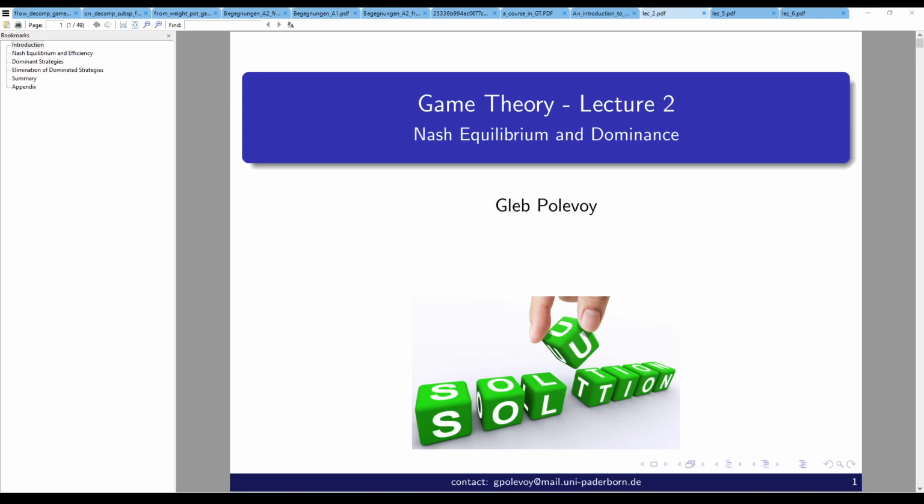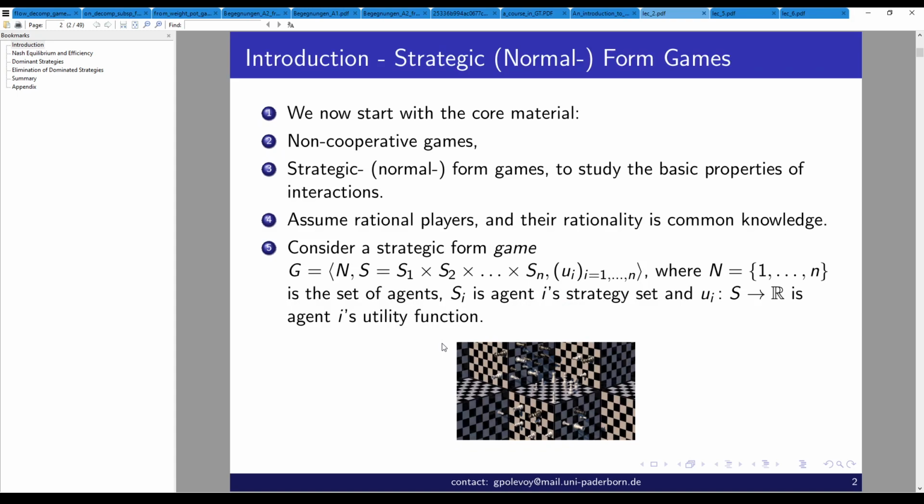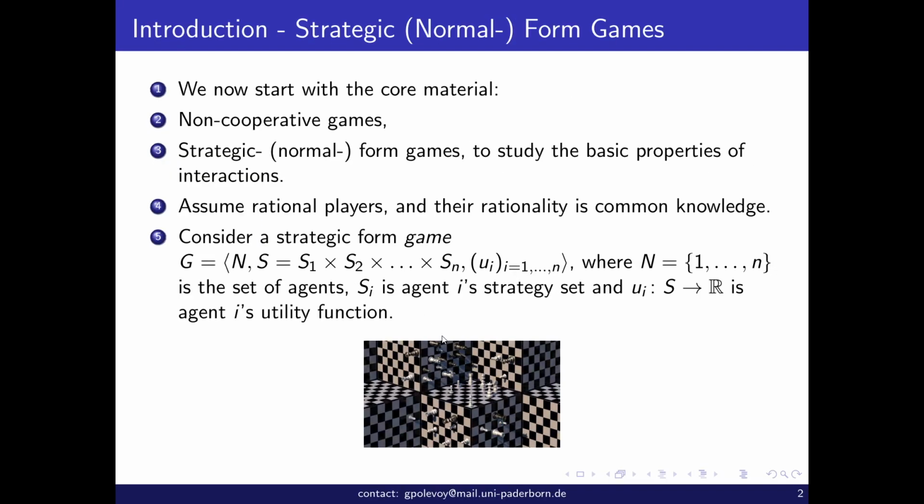Okay, now we are going to get into the core material of the course. And first, we are going to start with the non-cooperative games. In particular, we start with the strategic, or the same normal form game.